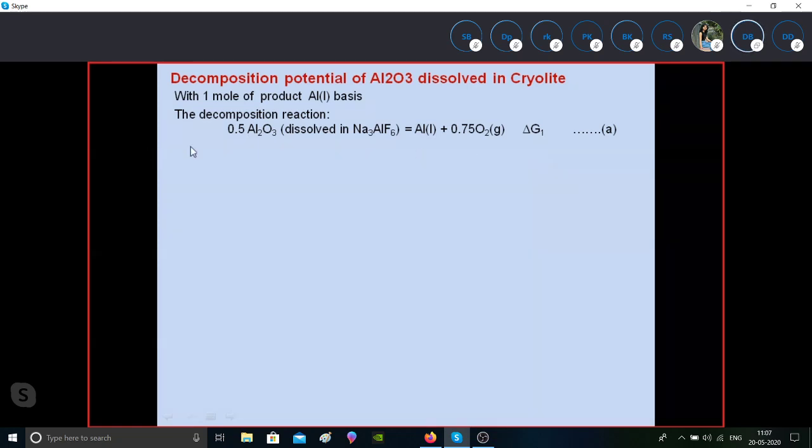Reaction balance gives me 0.5 alumina dissolved in cryolite, which on decomposition gives aluminium liquid and 0.75 oxygen in the form of a gas.